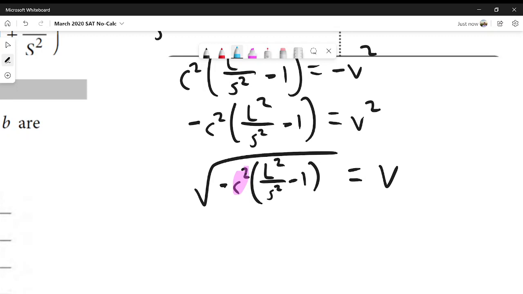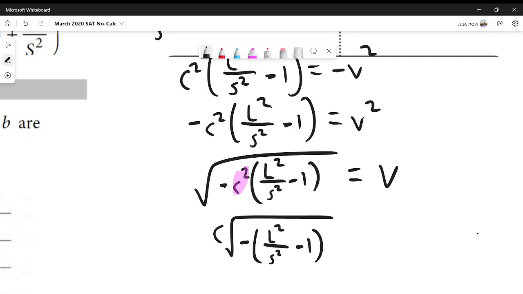So it's going to be c times the square root of negative (L squared over S squared minus 1), and that's going to be equal to v. And then you can distribute this negative sign inside the parentheses. The final answer, I hope I'm right on this, is going to be negative L squared over S squared plus 1. That's going to be equal to v.